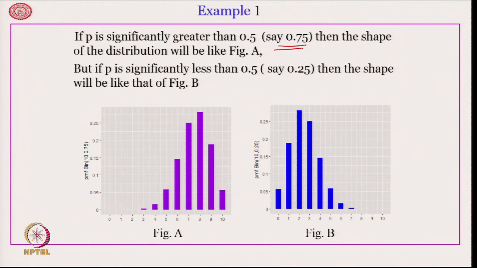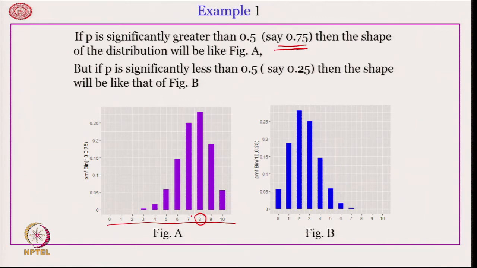Then for the same n, that is 10, we get a distribution which will look like this, given in figure A. Since p is equal to 0.75, the probability of getting more heads is higher than getting a lesser number of heads, and consequently this is the type of distribution that one can obtain, with the mode value at 8.